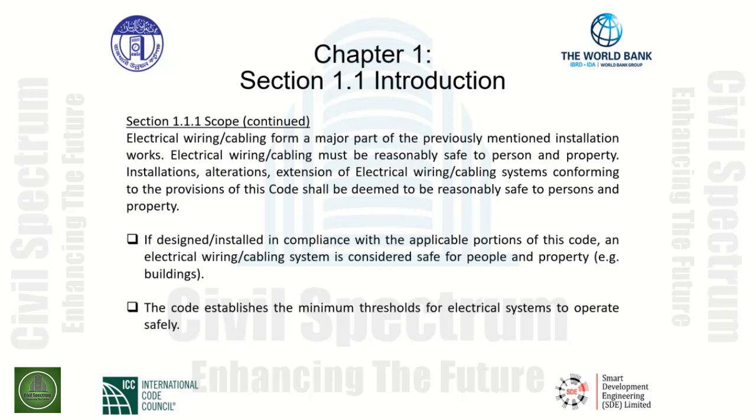Installations, alterations, extension of electrical wiring and cable systems conforming to the provisions of this code shall be deemed to be reasonably safe to persons and property. If designed and installed in compliance with the applicable portion of this code, an electrical wiring and cabling system is considered safe for people and property.